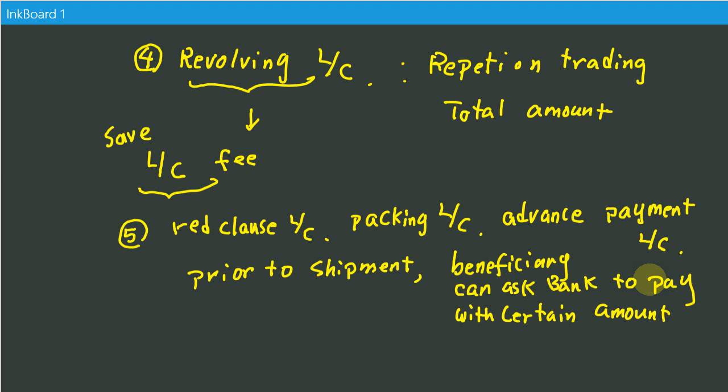Okay, but in this case, Red Clause LC, Packing LC, Advance Payment LC can be adopted once you have a strong credit relationship between you and your customer. Okay, this is very important.